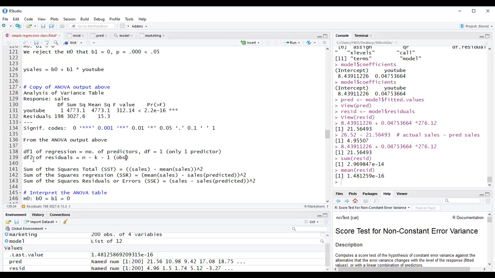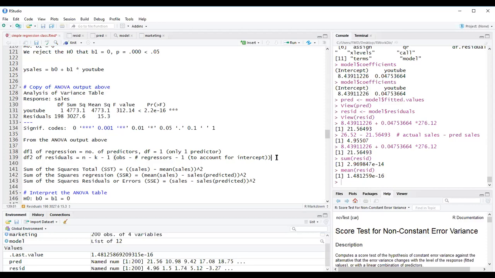And it's the number of observations minus number of regressors minus 1, to account for intercept.